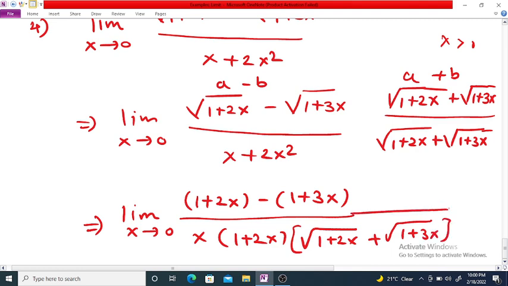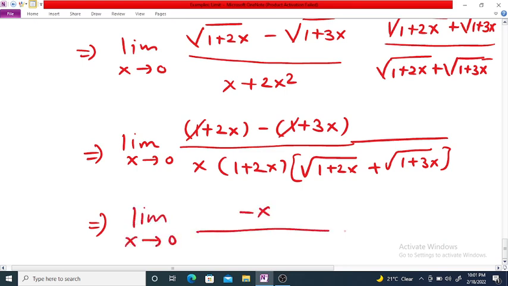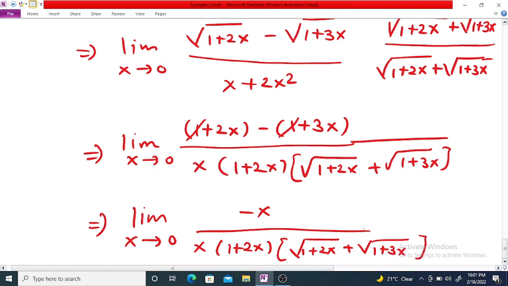So this is equal to, now this 1 minus 1 will get cancelled here. Twice x minus thrice x is equal to minus x. So this is limit x tends to 0 of minus x divided by x times 1 plus twice x times the bracket of under root of 1 plus twice x plus under root of 1 plus thrice x, bracket completed.